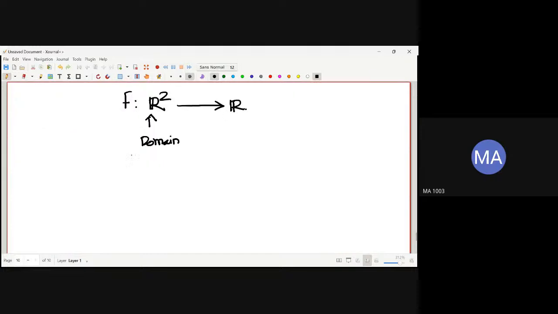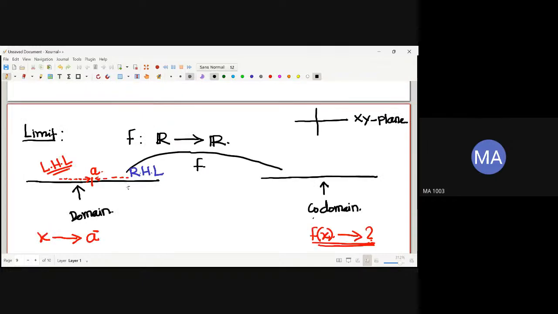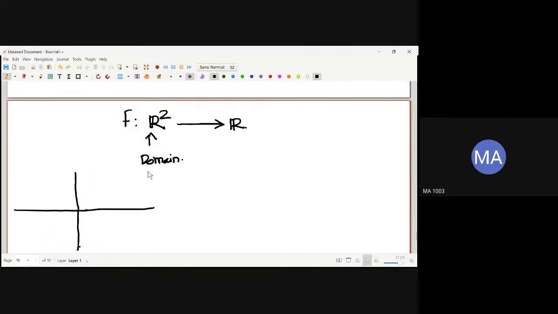If I draw it, in the case of R, only this line is my domain. When I'm considering a function from R to R, this line is my domain. Nothing beyond this line is inside my domain. Here this whole plane is my domain.